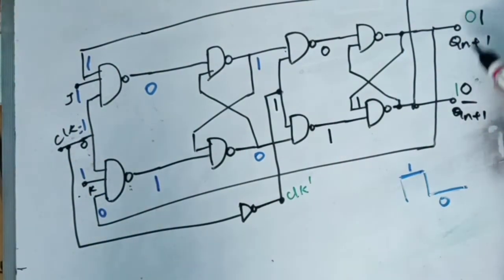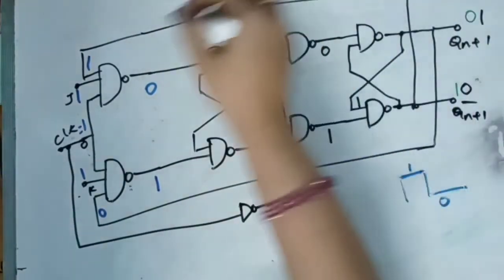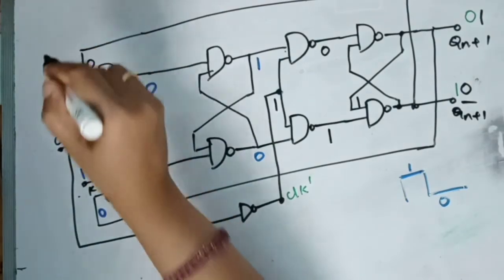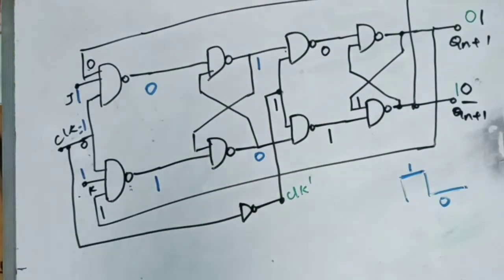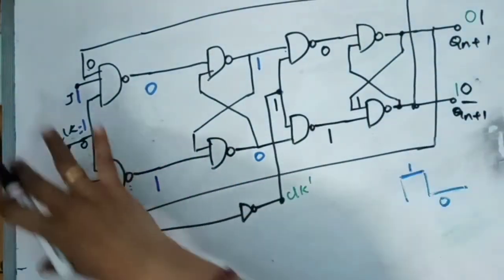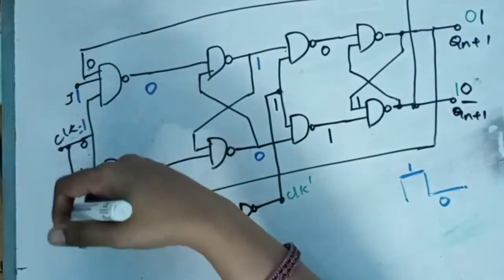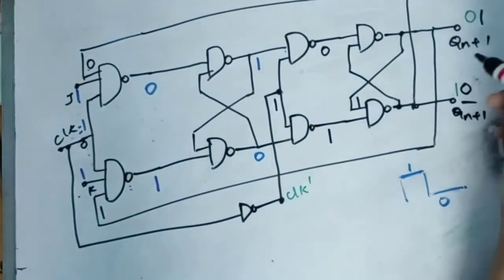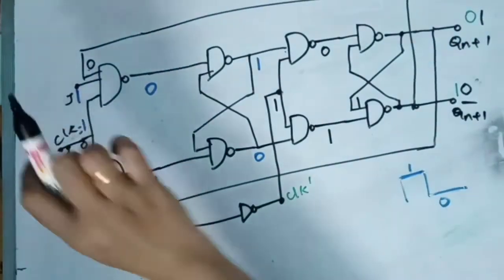So, you got Qn bar itself, and this is applied to the first stage. That was my problem with the JK flip-flop, because there is a feedback to the first stage, to the first two NAND gates. There will be a change in the output. But this second transition happened when clock is equal to 0.